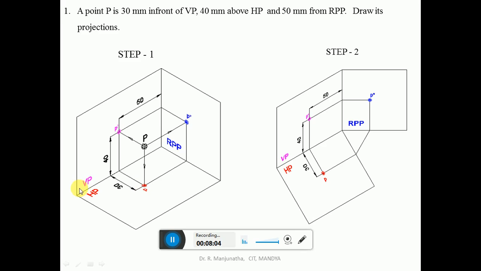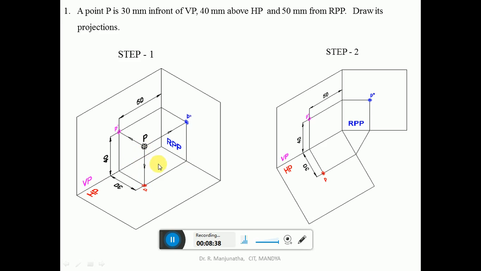When the observer is at the left side view, we see the distance in front of the right profile plane, which will be this one. This image, when we look from the front view, is seen on the vertical plane, and when the observer looks from the top view, that distance will be seen here. And also, when the observer looks from the left side view, we can see the distance above HP here.